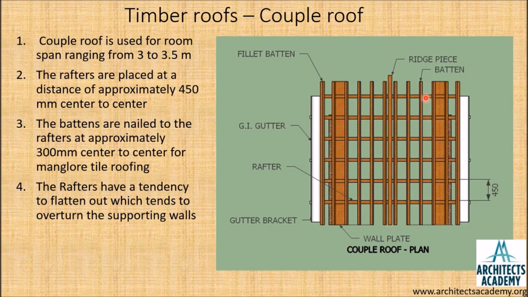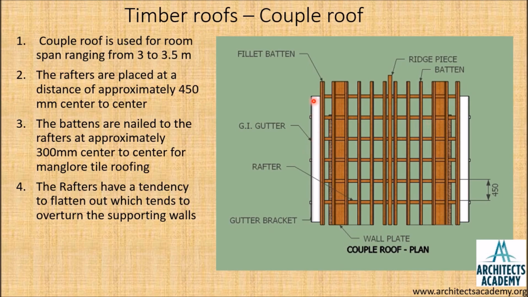What you can see here, 1, 2, 3, 4, 5, 6, like this, these are the rafters seen from the top. The rafters are spaced at around 450 center to center. On top of the rafters, perpendicular to the rafters, these are the battens. These battens are used to fix the tiles on the roof.